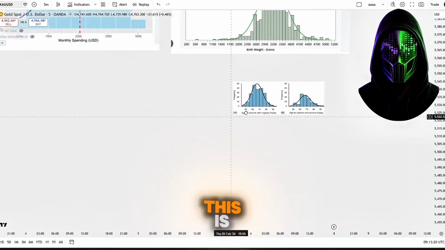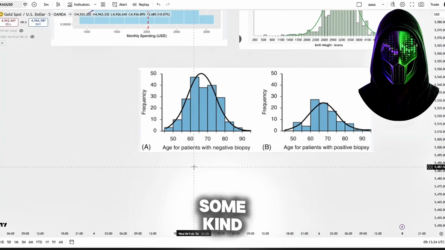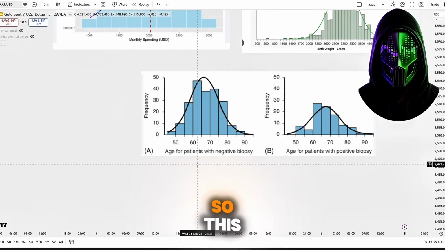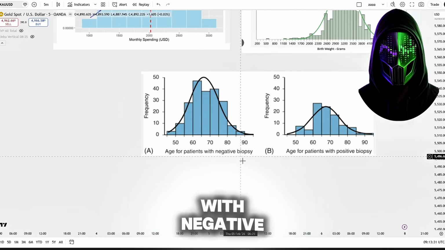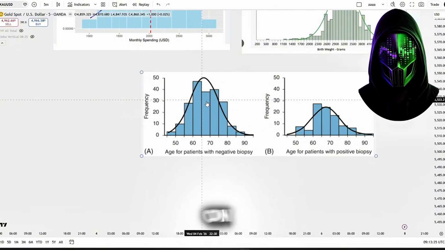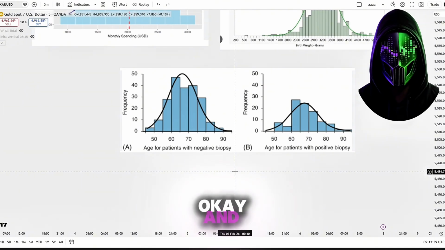And this is, I guess, some kind of cancer research, I don't know. This is the age for patients with a negative biopsy. You see the biopsy going negative for patients aged 16 to 80.